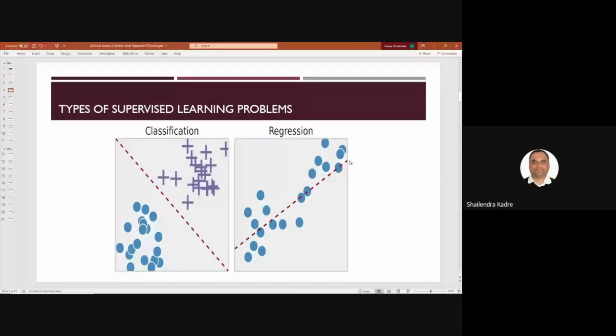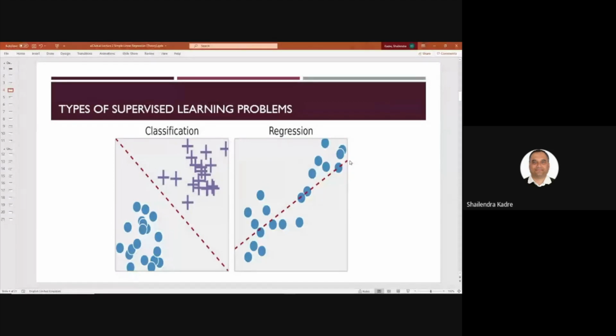Now we will be dealing with the regression type of problem. As the name suggests, simple linear regression belongs to the regression category. These blue dots are our observations. We have fitted a line, and I want a projection for the next 3 months, so I'll extend this line beyond the endpoint.